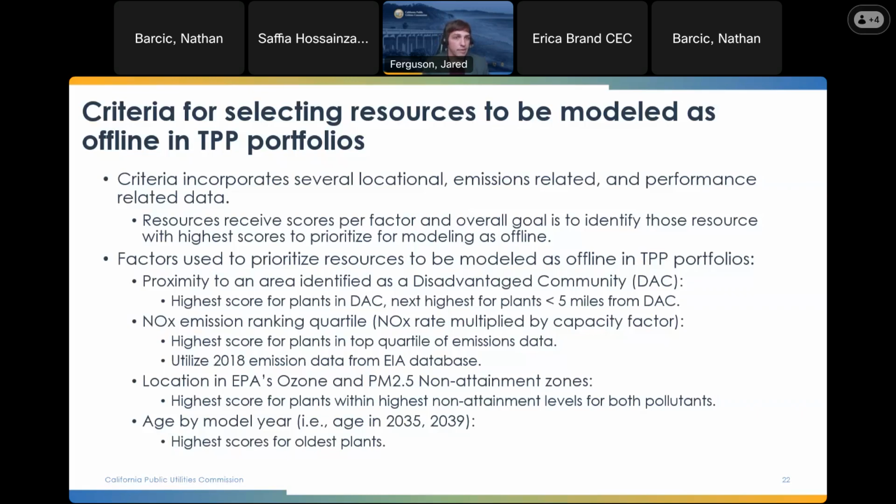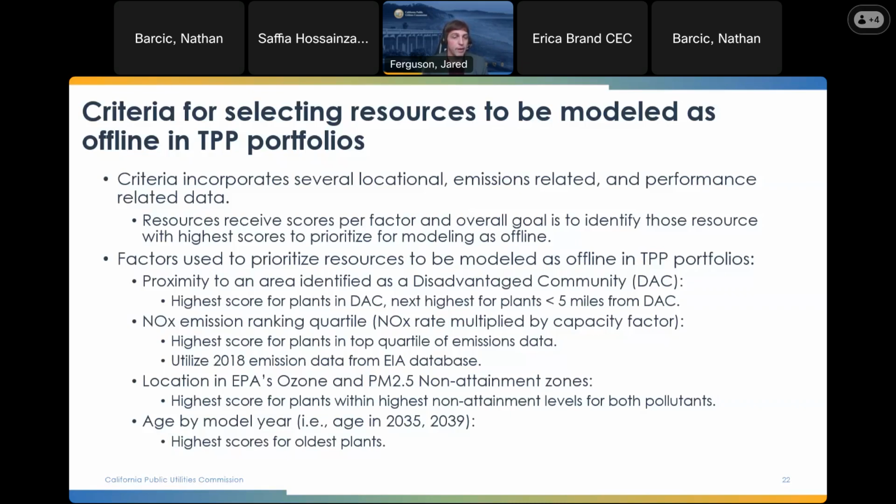For NOx emissions, we have 2018 emissions data from the EIA database, and we're using a quartile system to rank the NOx rate times the capacity factor, with those plants in the highest quartile receiving the highest score, and so on down. We're incorporating the EPA's ozone and PM 2.5 non-attainment zones.